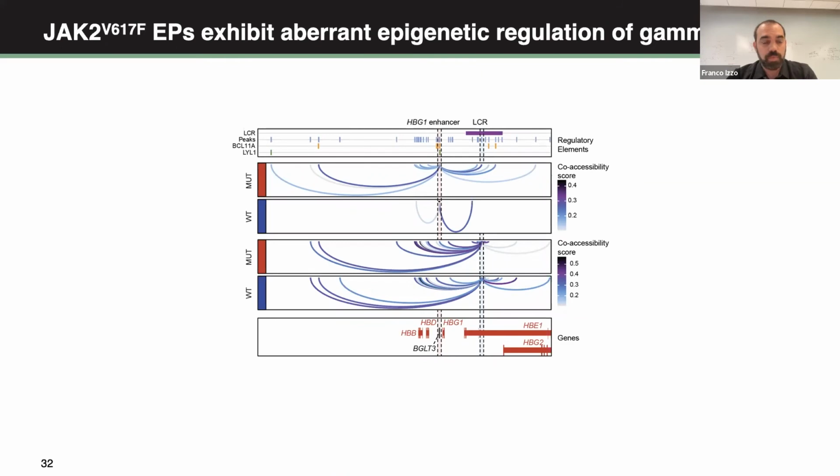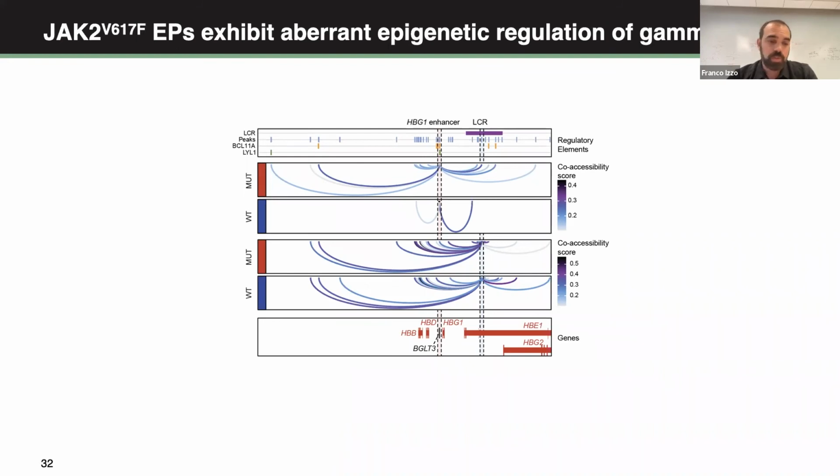And of note, a different peak within the locus control region did not show any differences between wild type and mutant cells. So this seems to be a region-specific effect.